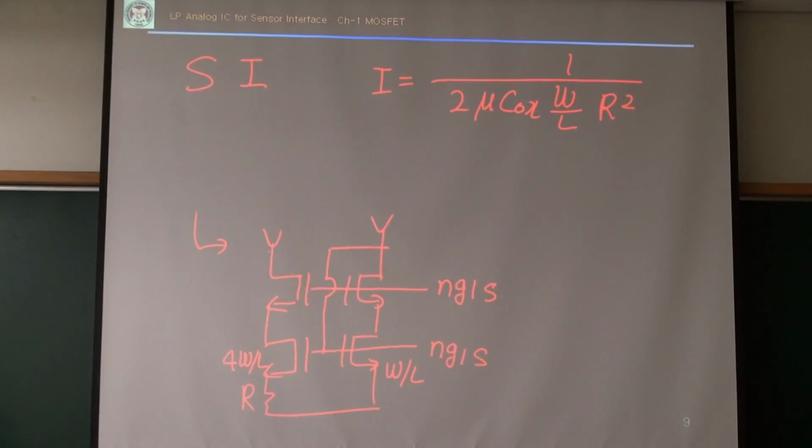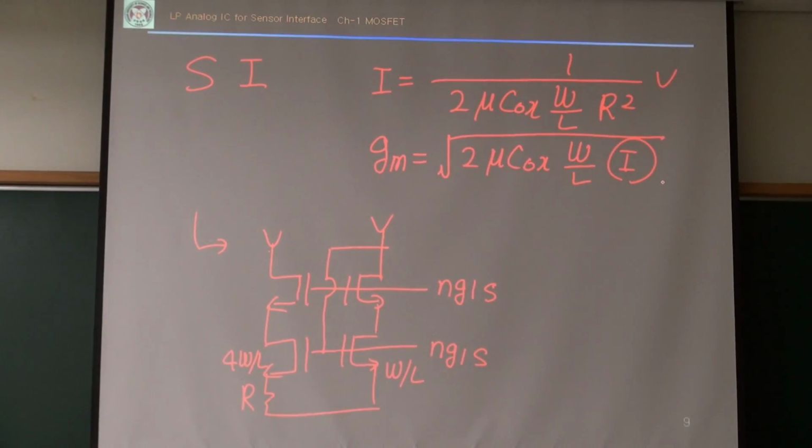Then what's my GM? GM should be 1 over R. GM equals square root of 2 mu Cox W over L I, right? If you substitute this I there, then this is just 1 over R. You can check.